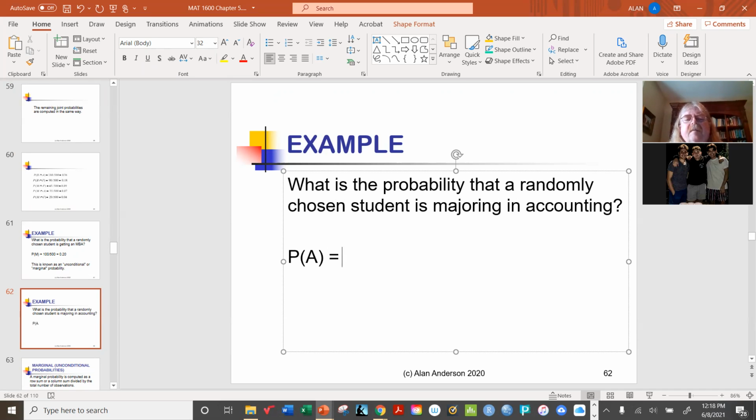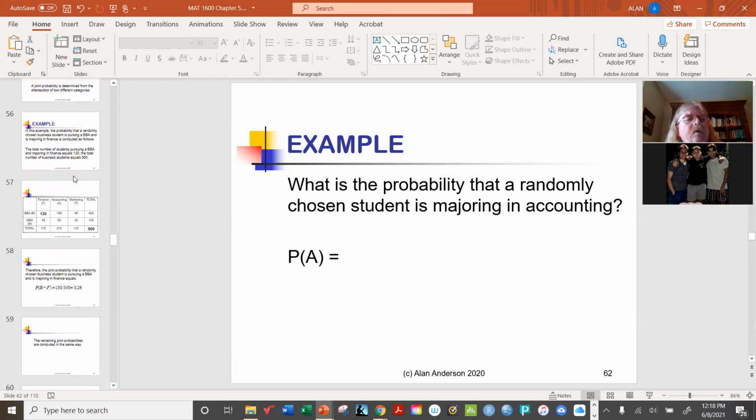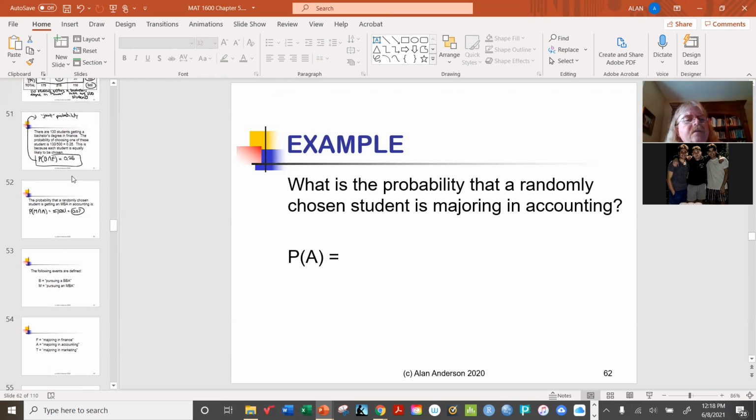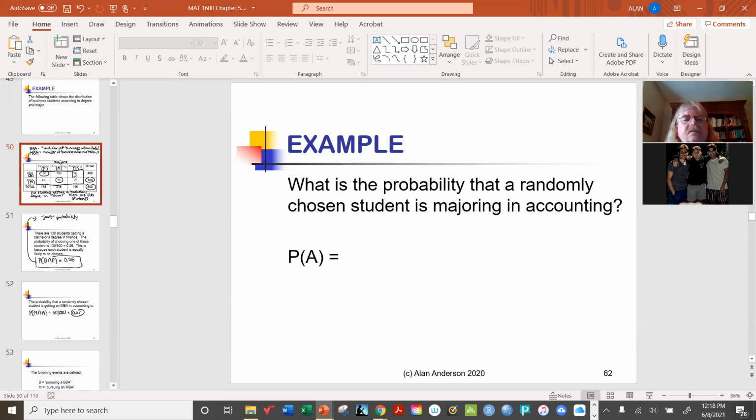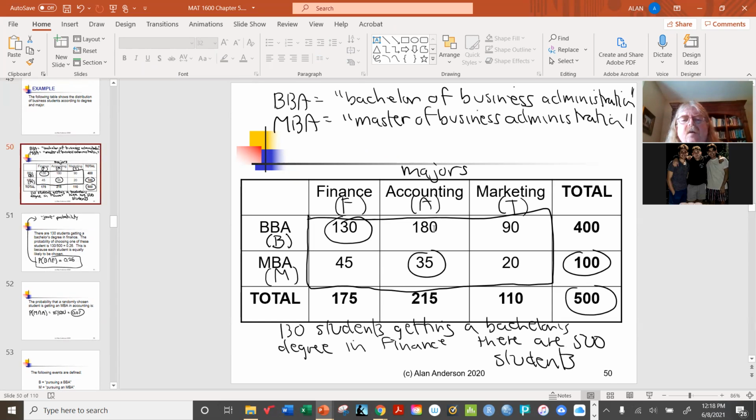We could write that as the probability of A. Now for this one, we go back to the table, and what we're going to do is count up all the accounting majors, regardless of whether they're getting a bachelor's degree or an MBA. Okay, so that means 215 out of 500 is the probability that we're interested in. I just add up all the accounting majors, regardless of their level, and here we are.